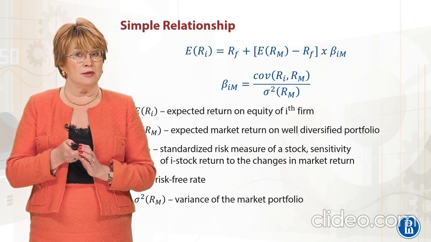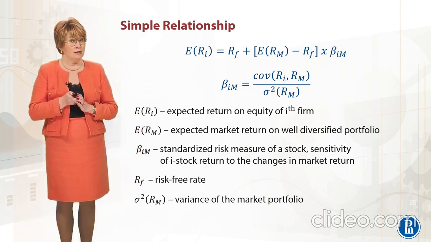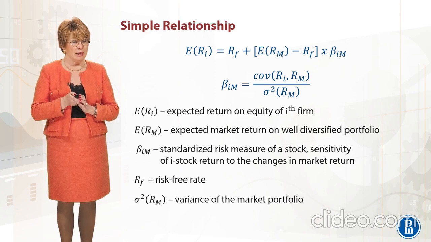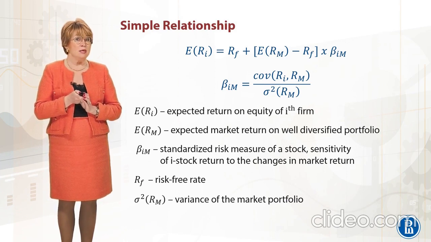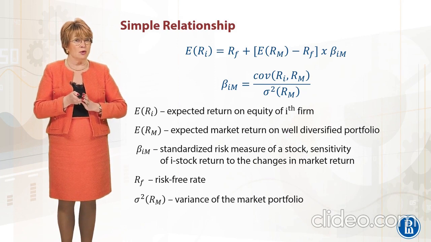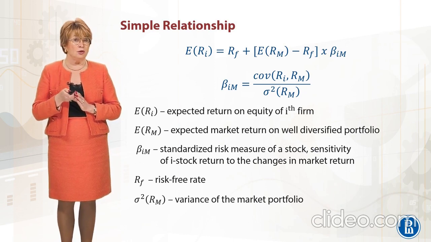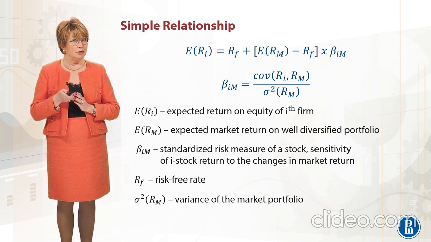So the beta is a very important parameter with very important metrics in financial analytics, because we can say that the beta just shows the systematic risk coefficient for any company, because the market rate of return is the return on a well-diversified portfolio.